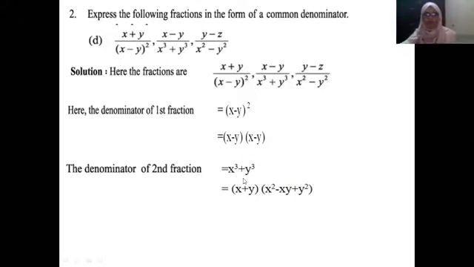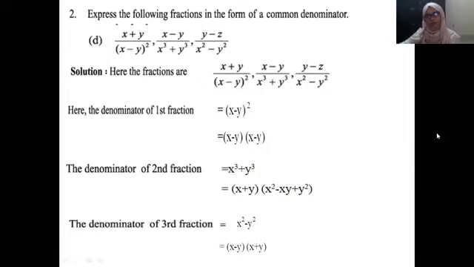X cube plus y cube is equal to x plus y into x square minus xy plus y square. This is the formula of x cube plus y cube. Again, the denominator of the last one is x square minus y square, and x square minus y square is equal to x minus y into x plus y. This is the formula of x square minus y square.